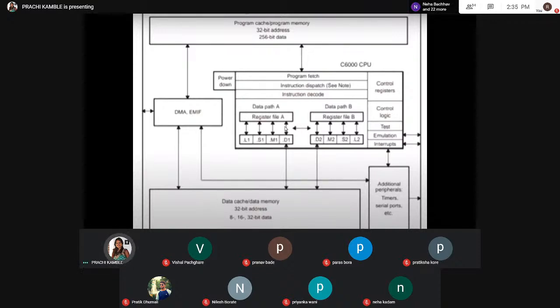Very, very important. Can you think about what is happening with every clock cycle or every timer, and what is the impact on the DSP processor?